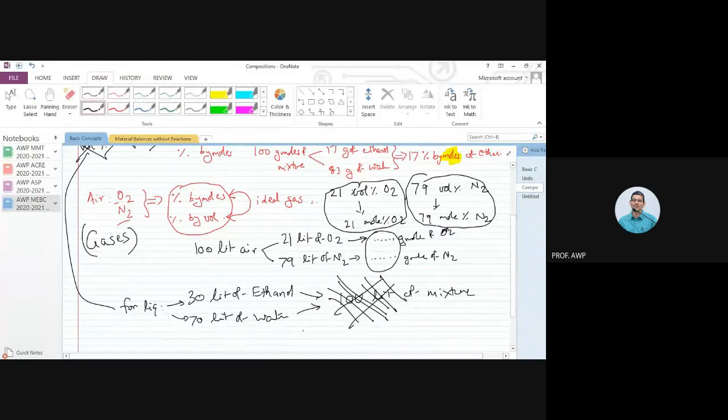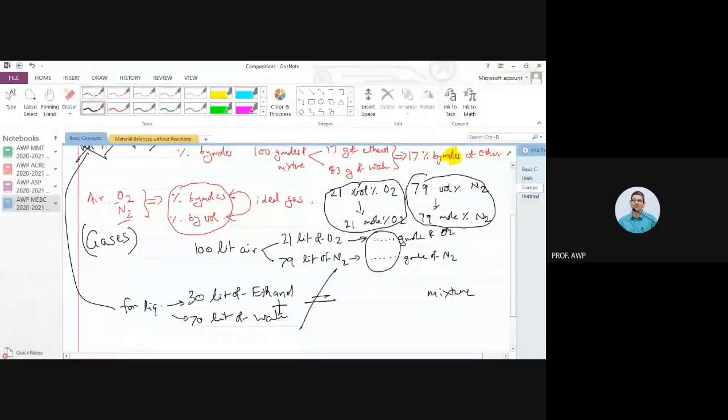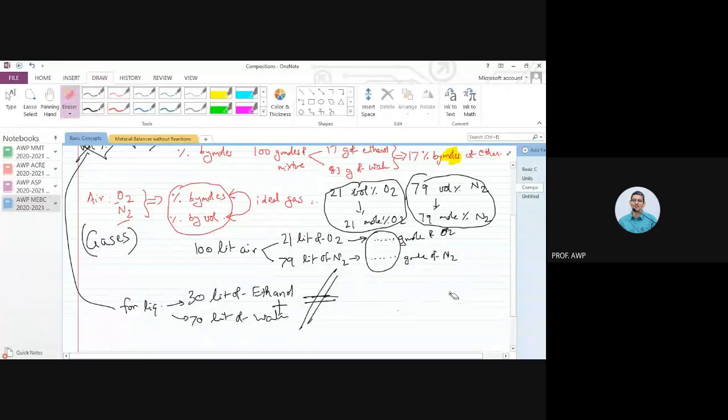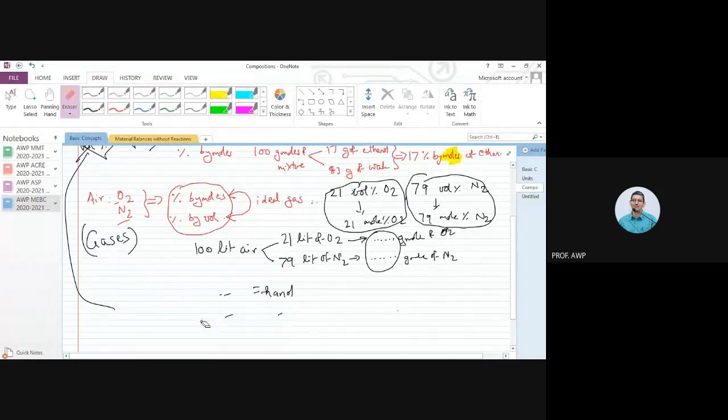There is a reason these molecules interact with each other, hydrogen bonding, and therefore volumes are not additive. It may become 98, it may become 99, depending on temperature and other conditions. So therefore we don't talk about volume percent when we talk about liquids, but in a gas volumes are additive.